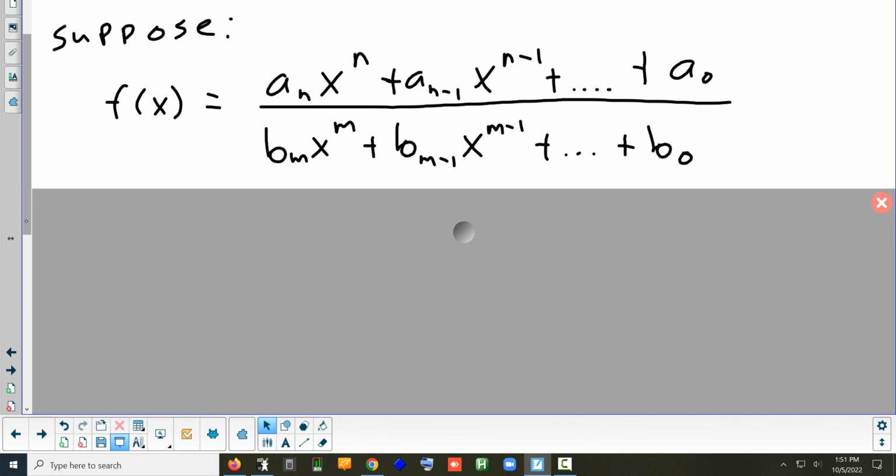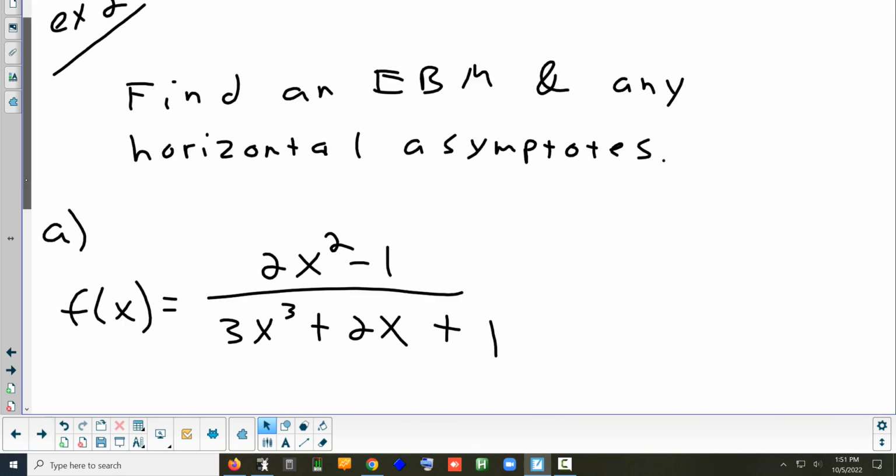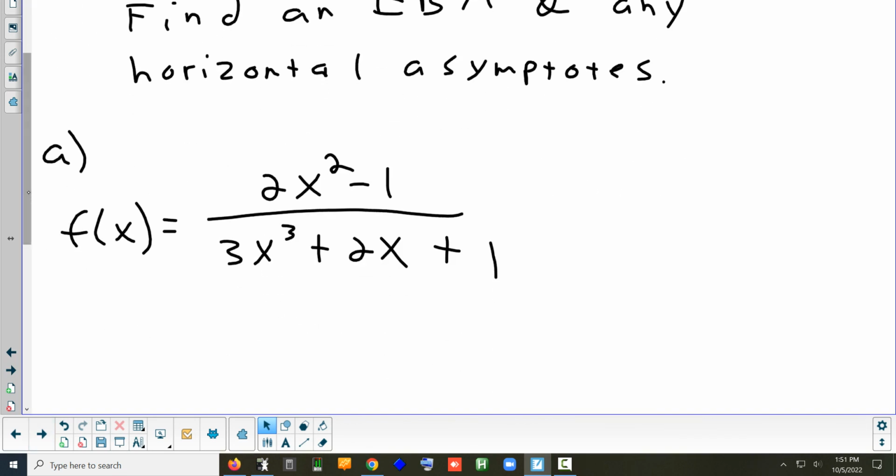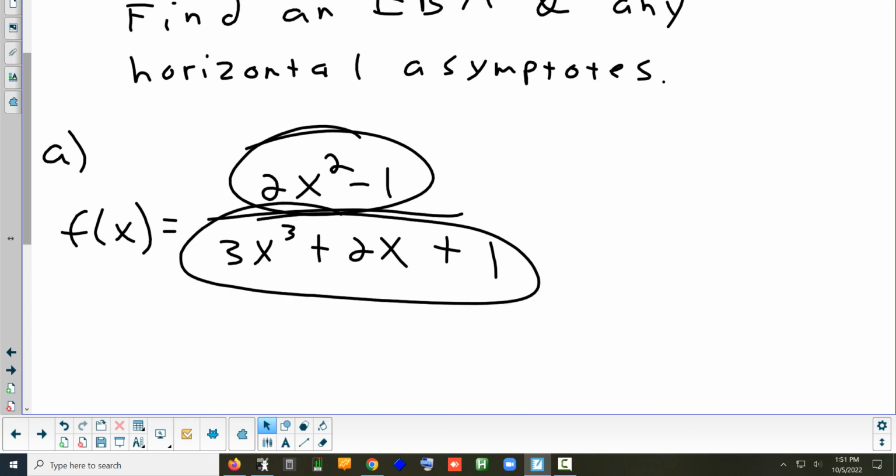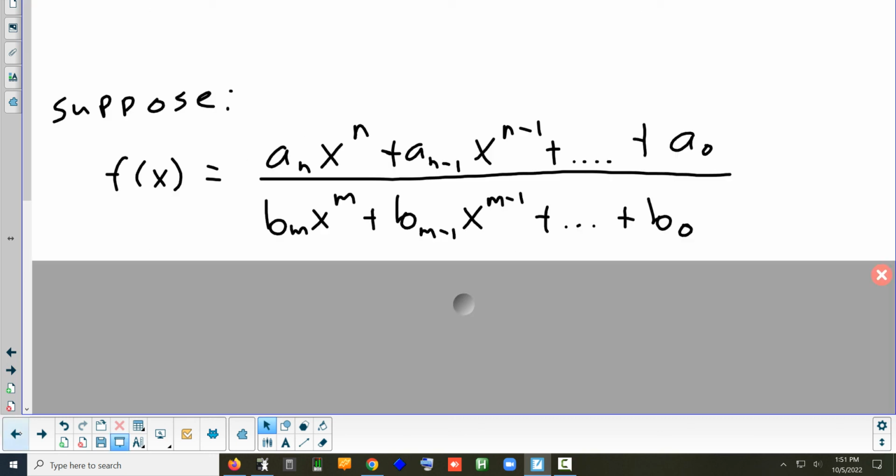Okay, this just represents two polynomials. Here's an example. You've got some type of polynomial in the top and some type of polynomial in the bottom. I don't know how many terms it's going to have, but when we write it, we'll start with the highest exponent.